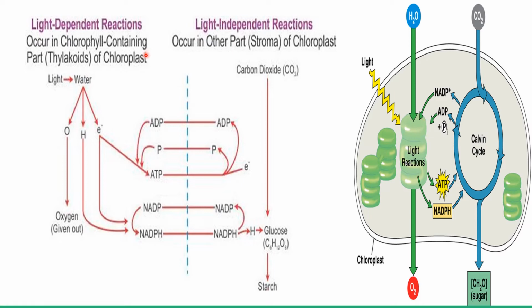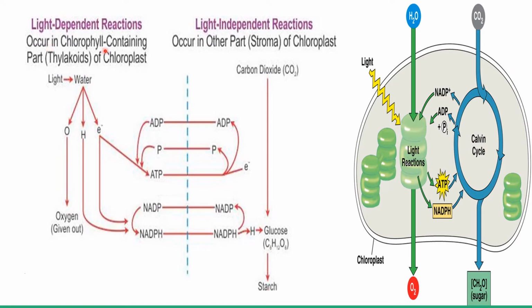First one, activation of chlorophyll. Second process, that is photolysis of water. Then another one, photophosphorylation. That means conversion of ADP into ATP. Then another process, reduction reaction. Conversion of NADP into NADPH. These processes happen in light dependent reactions. Where does it take place? It takes place in the thylakoids of chloroplast.